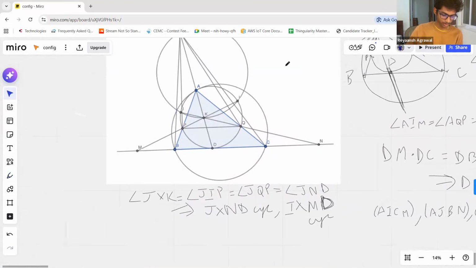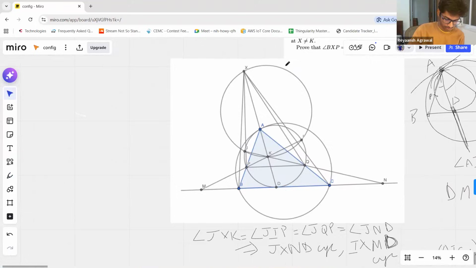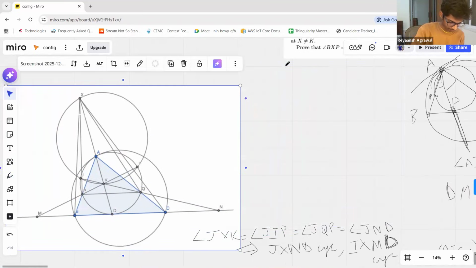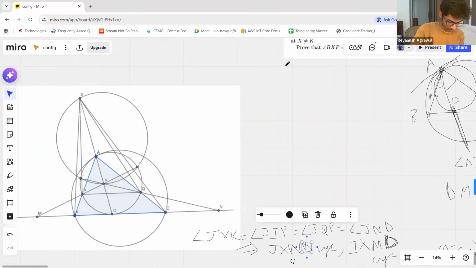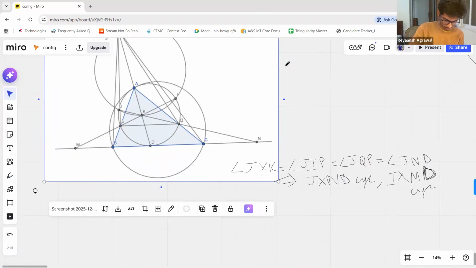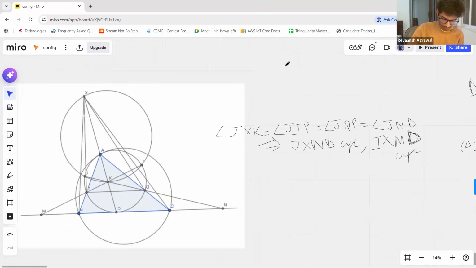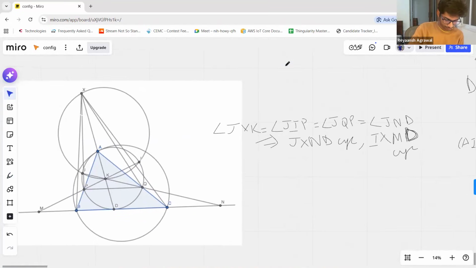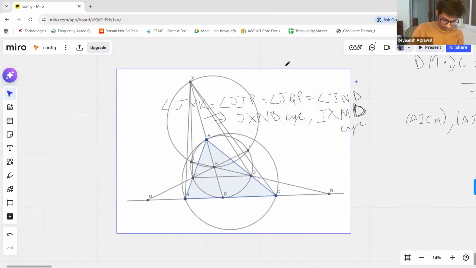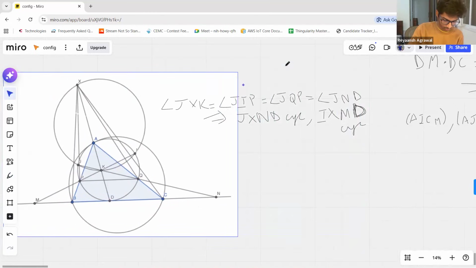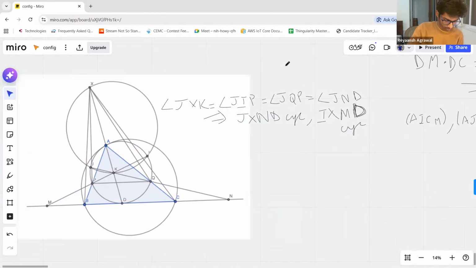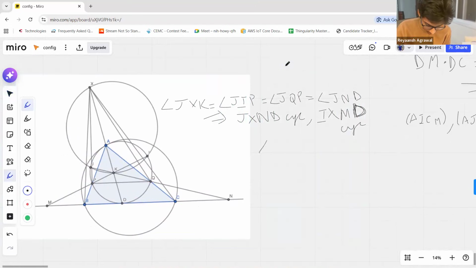Yes, that's true. Okay, I'll just move this figure. So angle NXD is equal to angle NJD by the cyclicity.